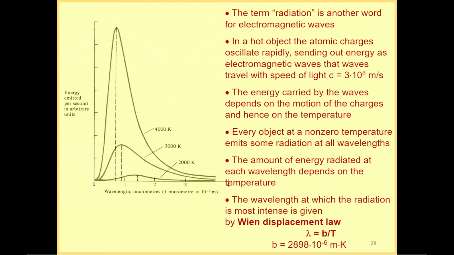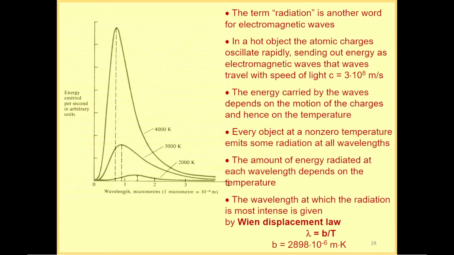Radiation. The term radiation is another word for electromagnetic waves. In a hot object, the atomic charges oscillate rapidly, sending out energy as electromagnetic waves. Those waves travel with the speed of light, equal to 3 times 10 to the power 8 meters per second. The energy carried by the waves depends on the motion of the charges and hence on the temperature.